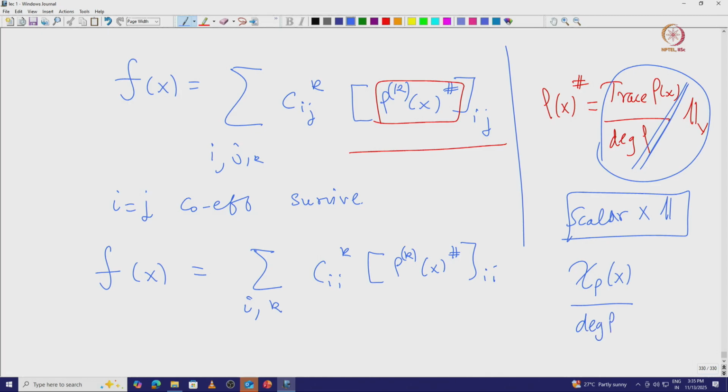In this case that is dk, so this can be replaced as chi_k of x divided by dk.